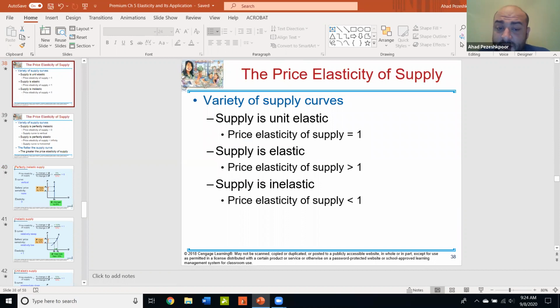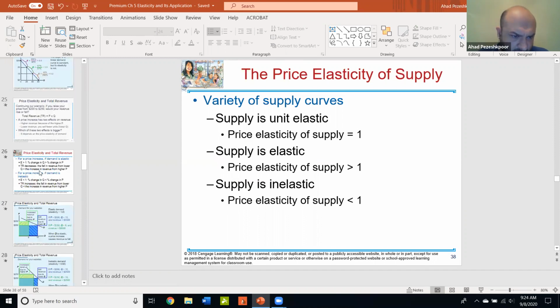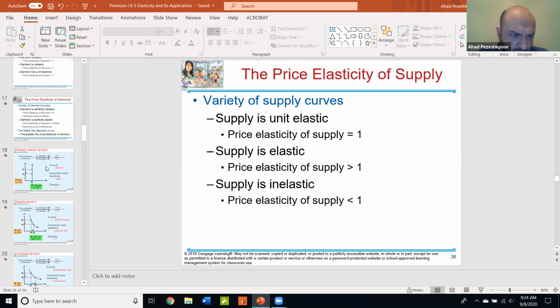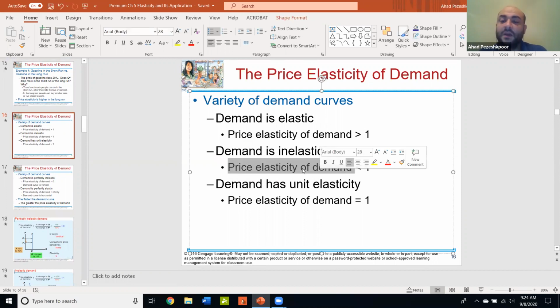But then when it is inelastic, this is for the demand curve. When it is inelastic, it means the percentage change in quantity demanded is always less than the percentage change in price.